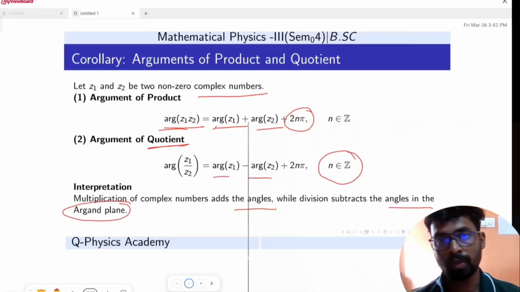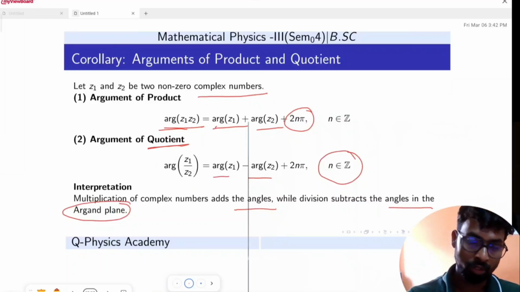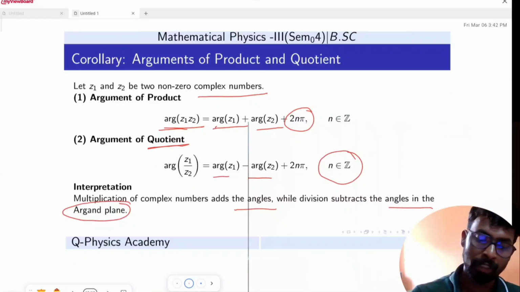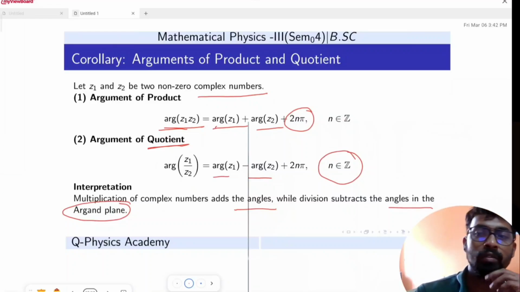This is the definition. I hope you understand better. You have to note this.